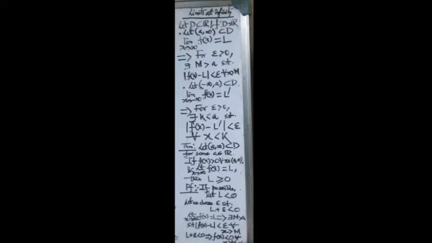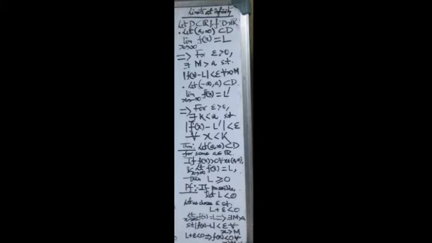Now there is a theorem. This states that suppose (a, infinity) is a subset of D for some real value a, then if f(x) is positive for all x belongs to (a, infinity), and if the limit of f(x) at the point infinity is L, then that limit should be non-negative.